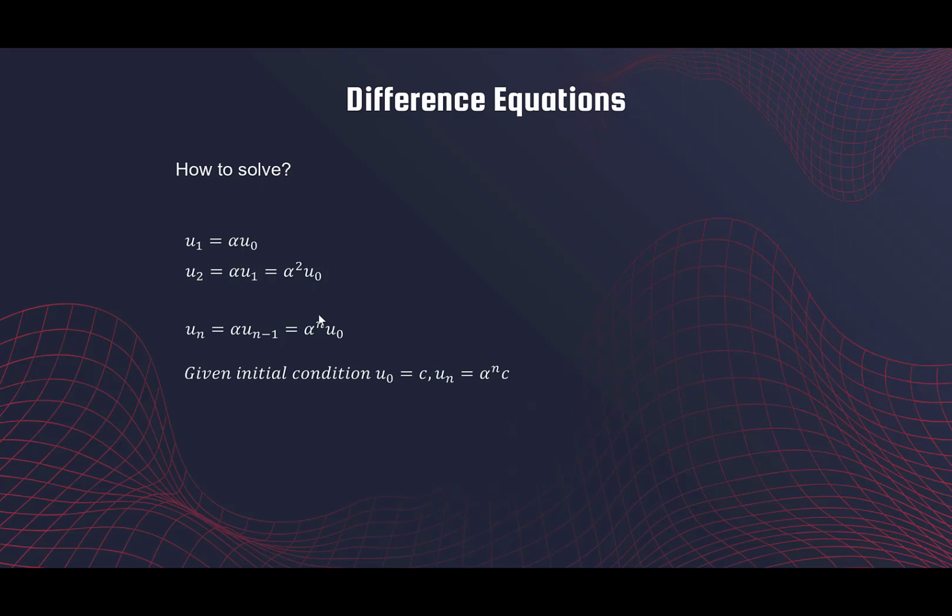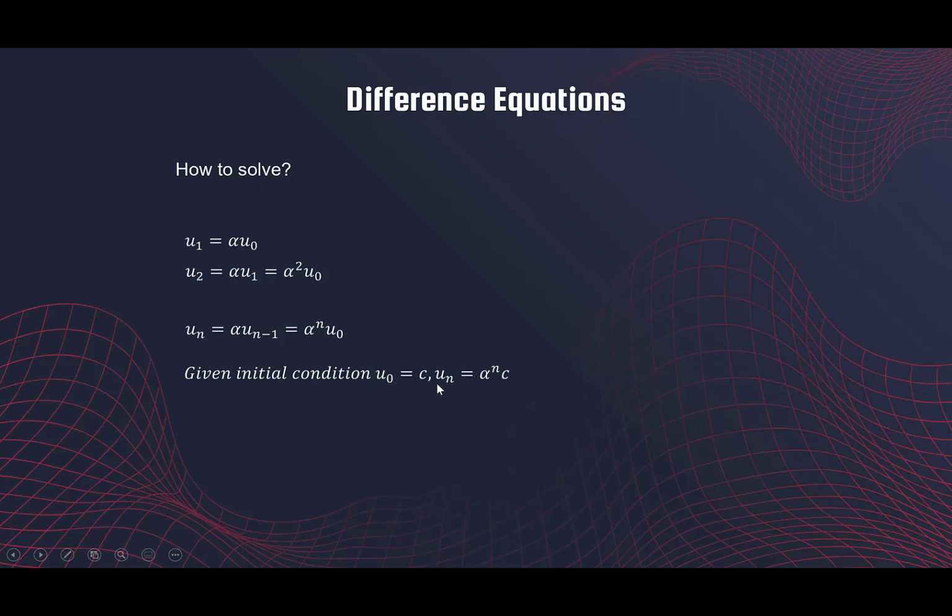But we don't know what u0 is. So u0 can be calculated from an initial condition. In the initial condition, we know that rho of 0, that is correlation at lag 0, is 1. So in that case, our u0 would be 1, right? But that's just the AR1 case. In general, we have these initial conditions where we can specify what u0 is going to be.